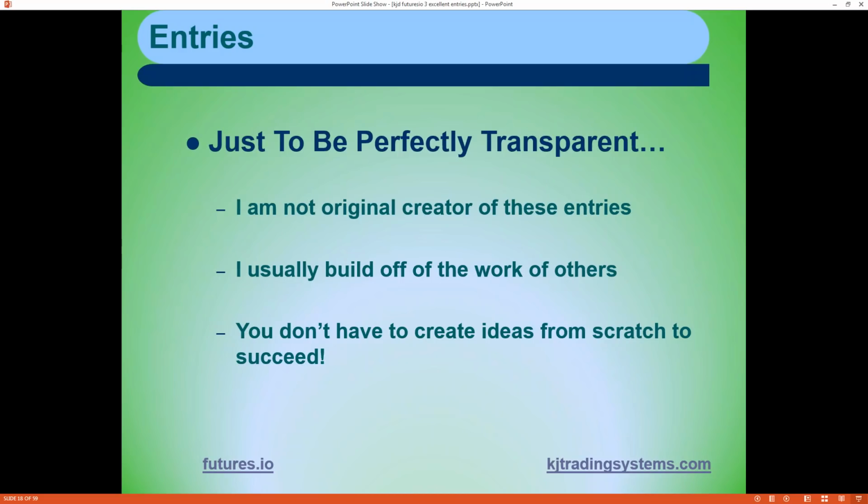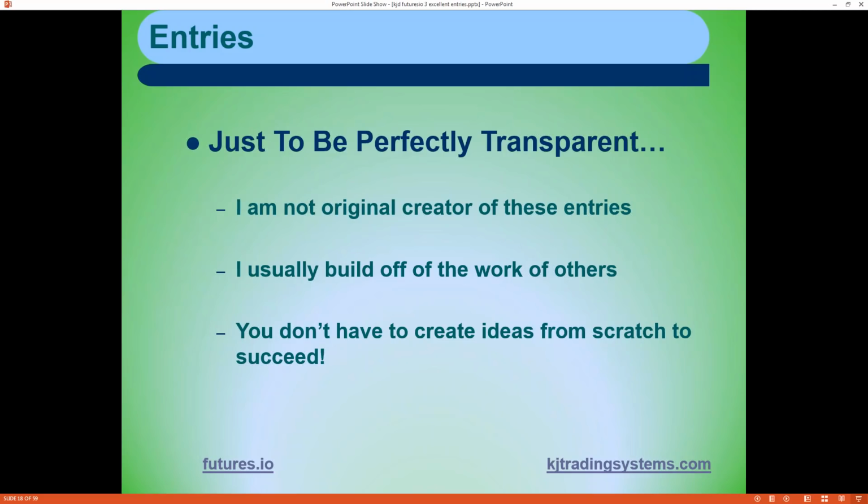Then I saw some other trading quote-unquote guru did a video where he said he created it, and he basically took my exact code. He didn't even modify the code and claimed it was his. I'm like, oh boy. Well, if he wants to do that, of course he looks better by saying he created it. But I'm telling you up front, I didn't create any of these things.